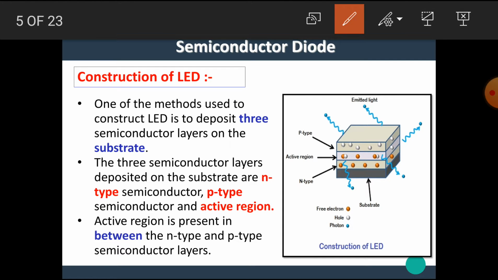One of the methods used to construct an LED is to deposit three semiconductor layers on the substrate. The three semiconductor layers deposited on the substrate are the N-type semiconductor, the P-type semiconductor, and the active region. The active region is present in between the N-type and P-type semiconductor layers.